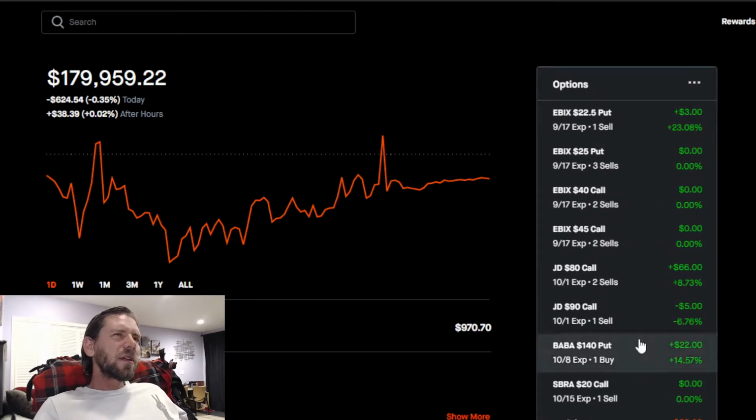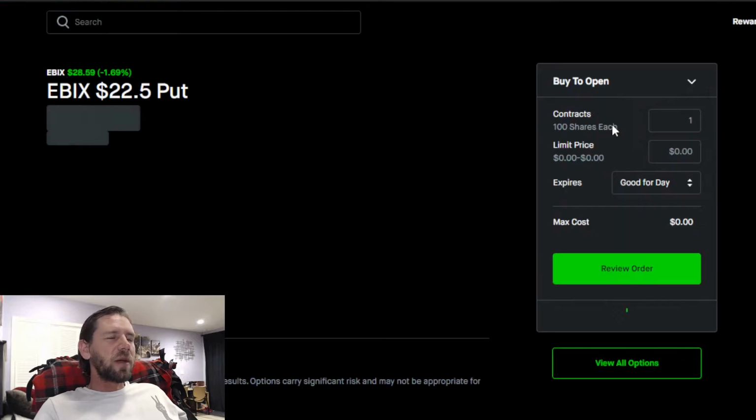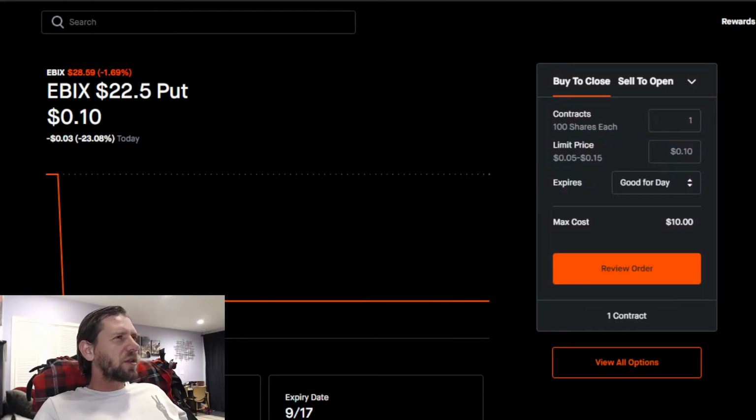Okay, let's take a look at one of the options that is going to expire pretty soon. I've sold this put here on eBix. Let me show you, you can see this. Okay, great. So it got devalued by 3 cents, which translates into $3 because every option contract is worth 100 shares.